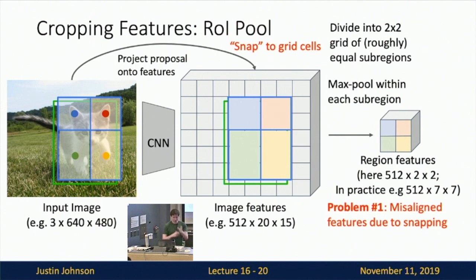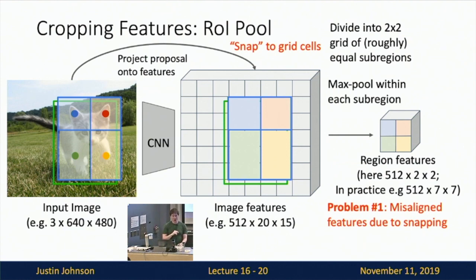So here we've kind of done a double projection. In this visualization, the green box shows the original region proposal in the input image, and then we projected it over onto the feature map, and in the feature map we snapped it to this blue box and these different colored subregions. Now we're projecting the subregions back into the original input image.